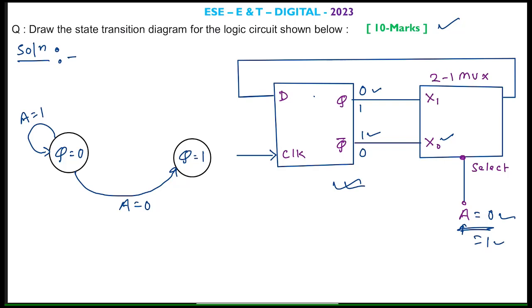Now if we assume that the Q output is 1, we need to understand how the transition will take place.